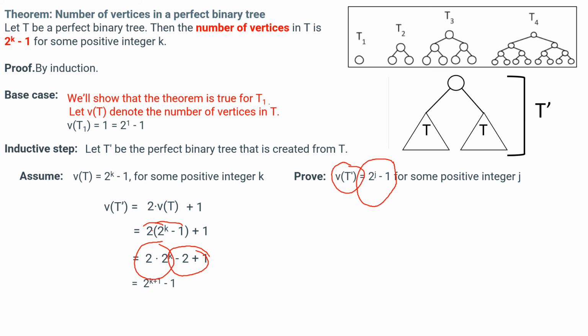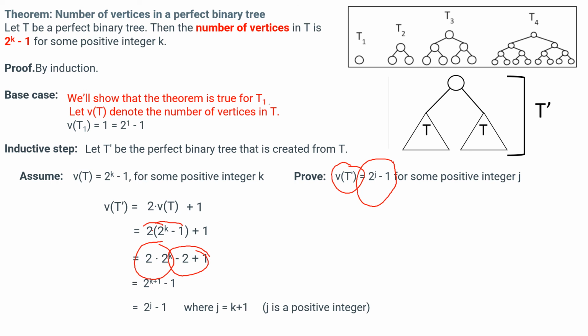Okay, now have we proven it? Well, if K is some positive integer, then K plus 1 is a positive integer. So we then have shown that the number of vertices in T prime is equal to 2 to some power that's a positive integer minus the 1.